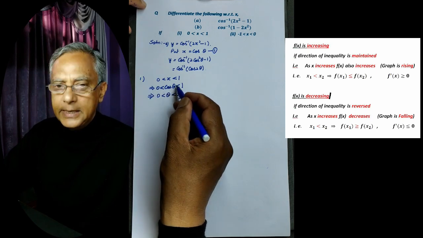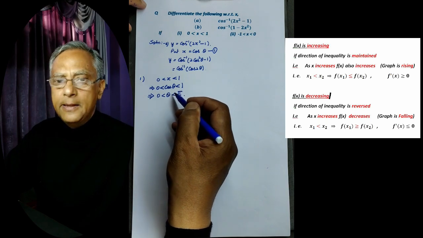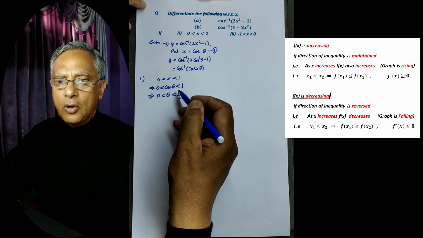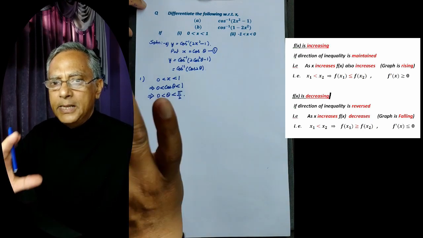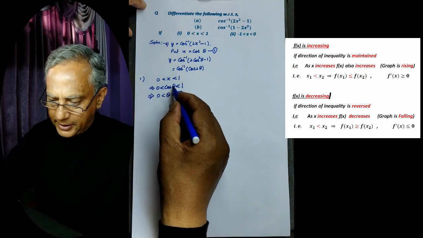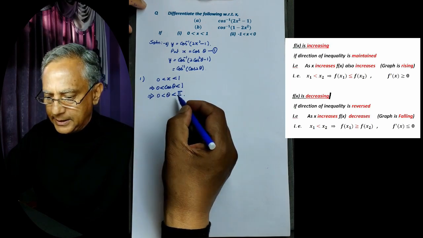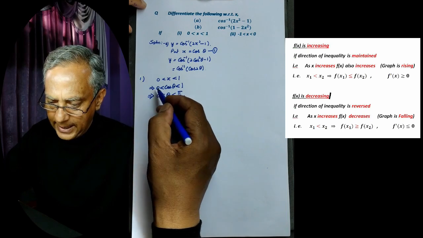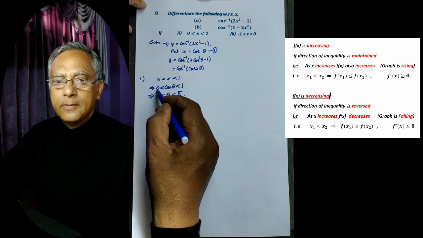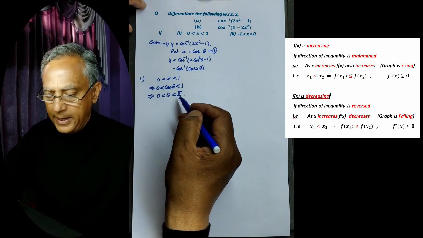And cos theta is a monotonically decreasing function. We will study this while doing the applications of derivatives. Here you can just keep this in mind. This is a decreasing function and therefore this must be 0 is less than theta is less than pi by 2. Cos of 0 is 1 and cos of pi by 2 is 0. So theta must lie between 0 and pi by 2.